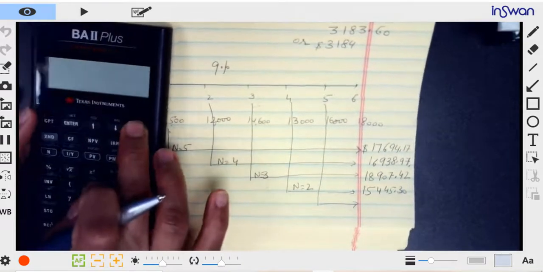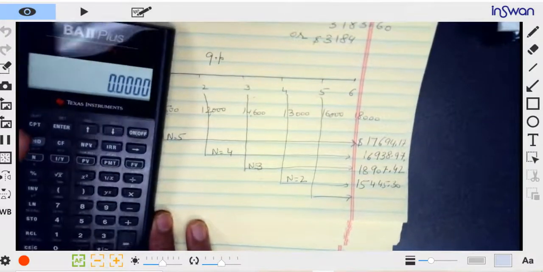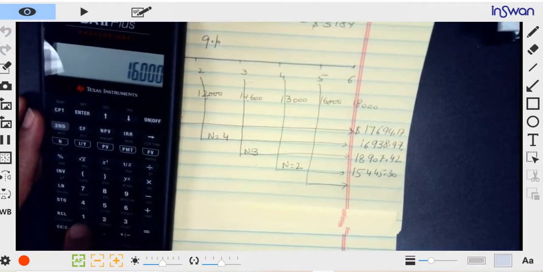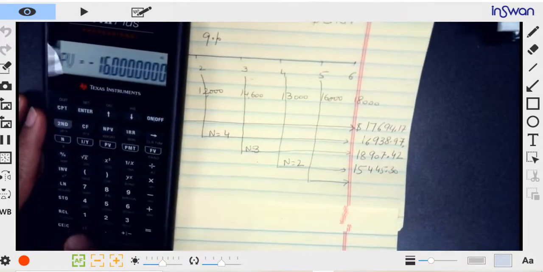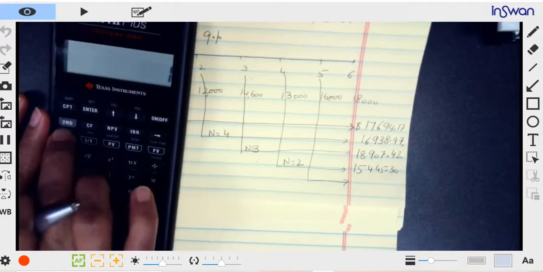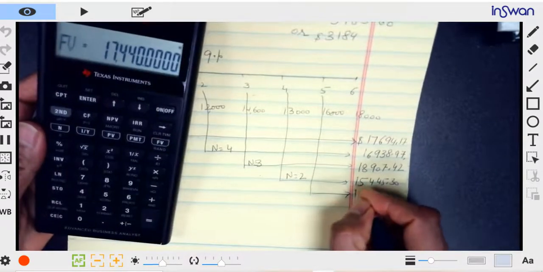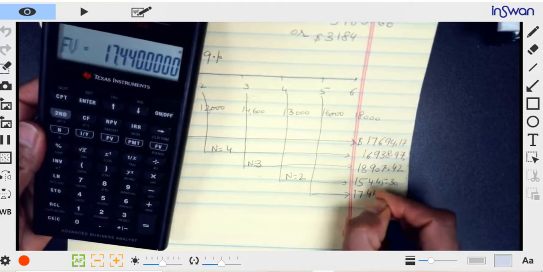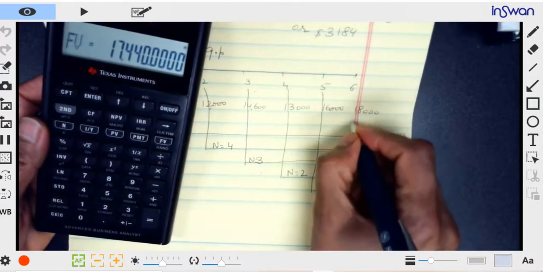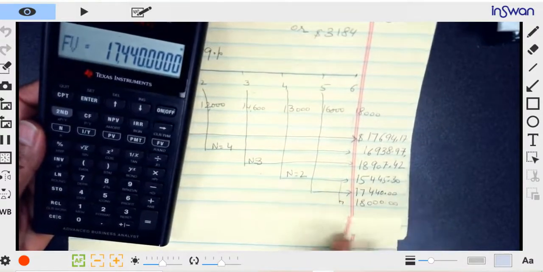Next one. $16,000 is the present value. 0 is payment. 9% is interest rate. 1 year is n. Compute future value. It gives us 17,440.00. And the last one, the future value will remain $18,000 as it is.